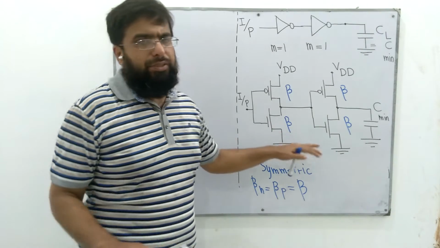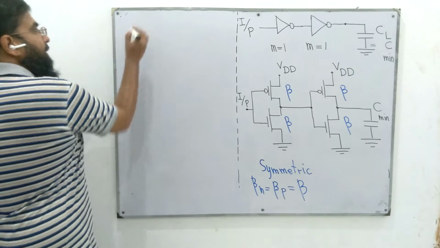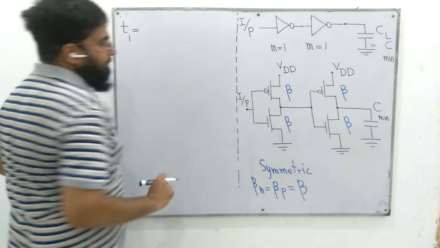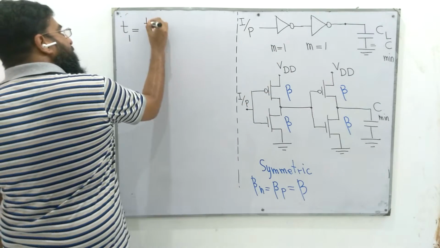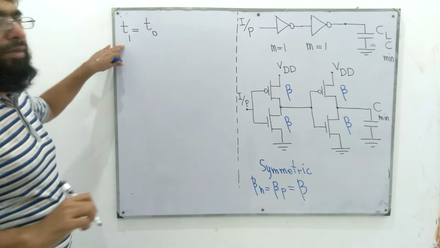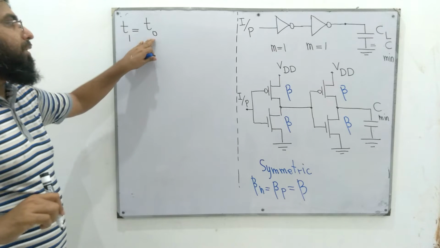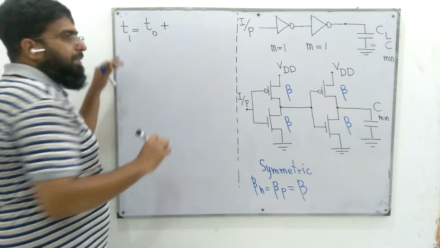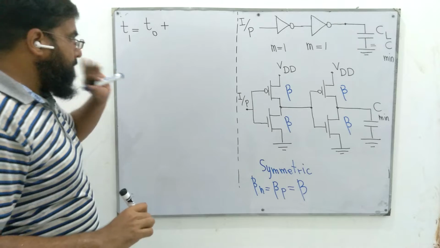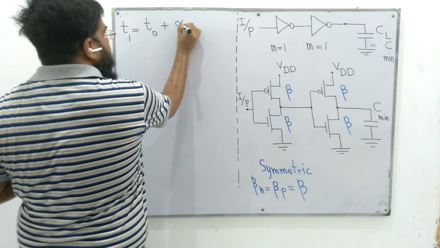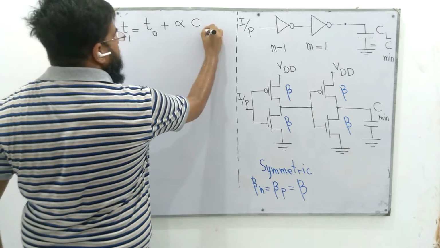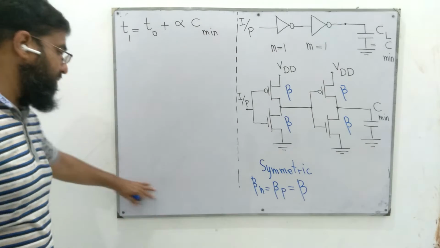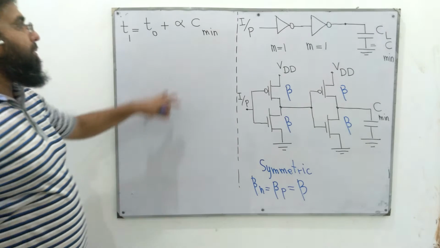To find out the delay of this chain, either rise or fall time delay, in general, the delay offered by the first gate is T0 plus alpha times C minimum, the minimum capacitance that we have just derived an expression for.